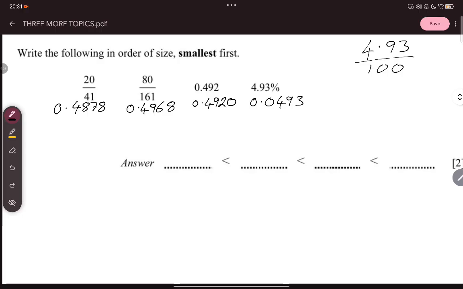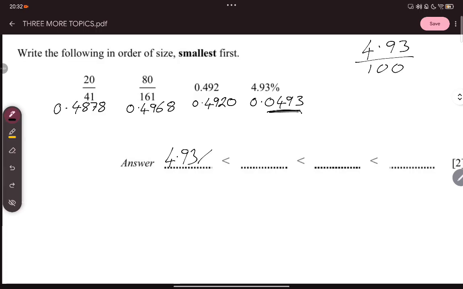So we just have to compare these numbers, and we can see that they all start with a 0 point something, so the left-hand side doesn't really matter, they're all 0 point something. We're just comparing the right-hand side and just treat them like normal numbers. So that one would be 493, which is smaller than the others because we've got a 4,878, a 4,968, and a 4,920. So the smallest one is the 4.93%.